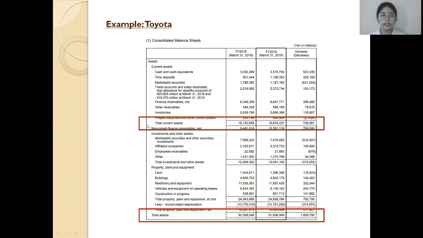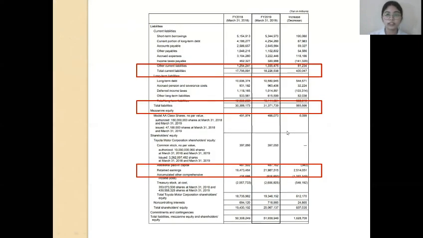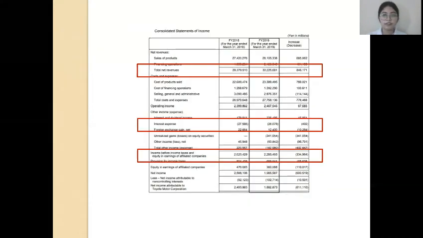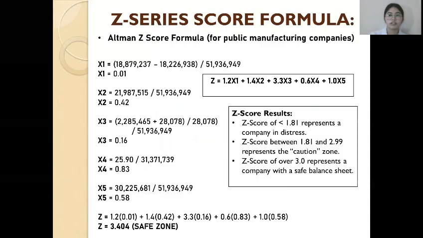So I already highlighted the components that we will be using to solve for the Z-score, which are the total current assets, 18.8 million, total assets, 51.9 million, total current liabilities, 18.2 million, total liabilities, 31.3 million, retained earnings, 21.9 million, net revenues, 30.2 million, interest expense, 28,000, income before income taxes, 2.2 million. So after getting those values, all we have to do is to substitute it to the formula.